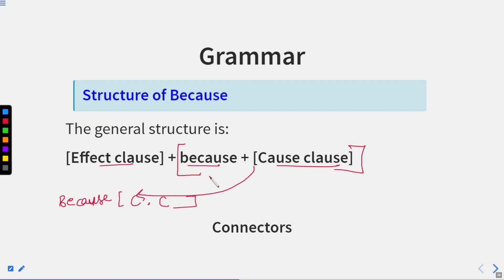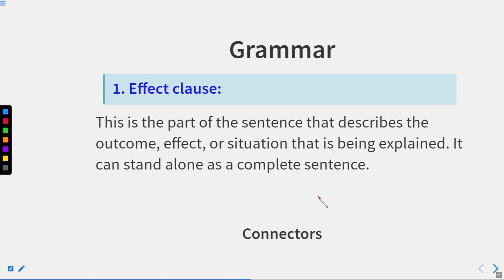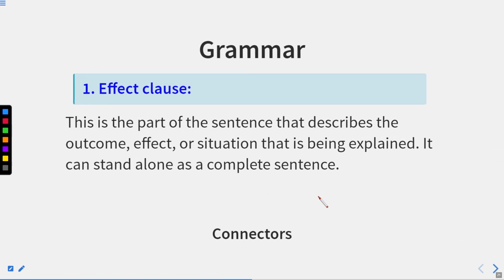The CC means cause clause, and after that we'll have the effect clause. So this is the situation. If I want to use because in the beginning of the sentence, I should use the cause clause just after the word because, wherever it is. And after that, the other clause will be the effect clause. After the word because, only the cause will be written. That is it. No matter what the position of because is.